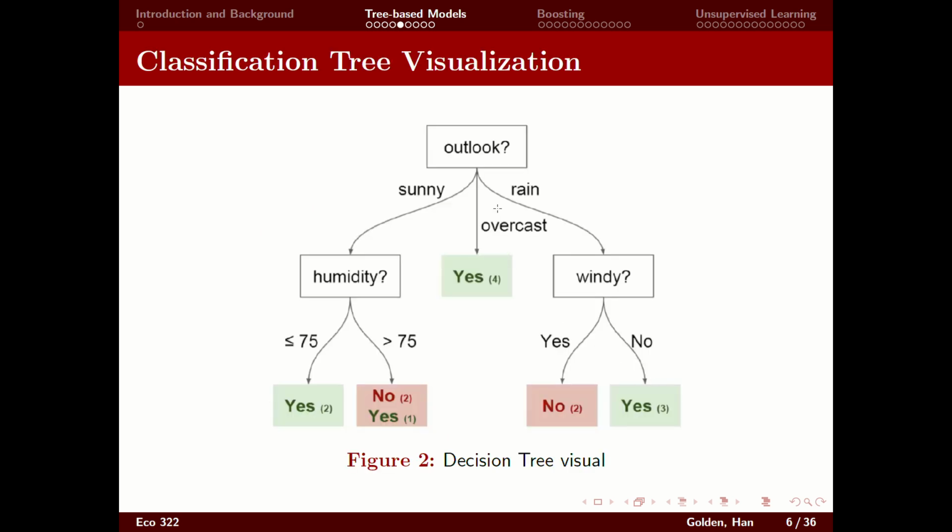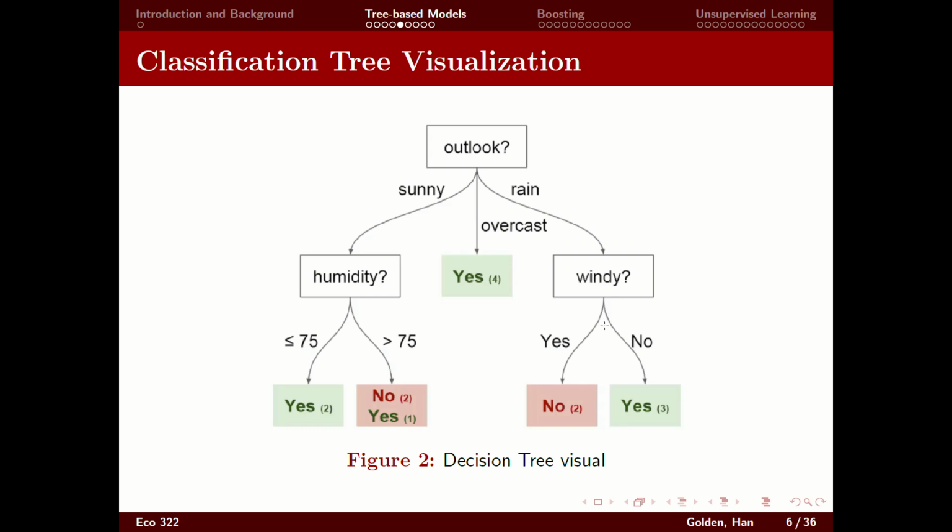Here's a classification tree visualization. It's the outlook. We're trying to decide if it's going to rain or not, whether or not we should bring an umbrella. Sunny, humidity less than or equal to 75: there are a lot of yeses. Greater than 75, there are 2 no's and 1 yes, so we classify this one as no. If it's overcast, yes.